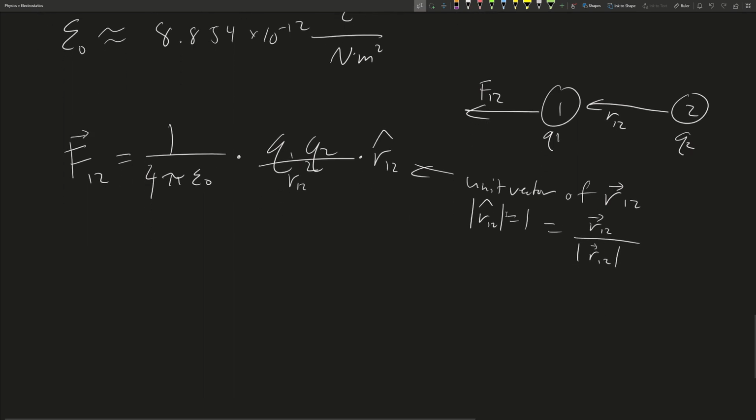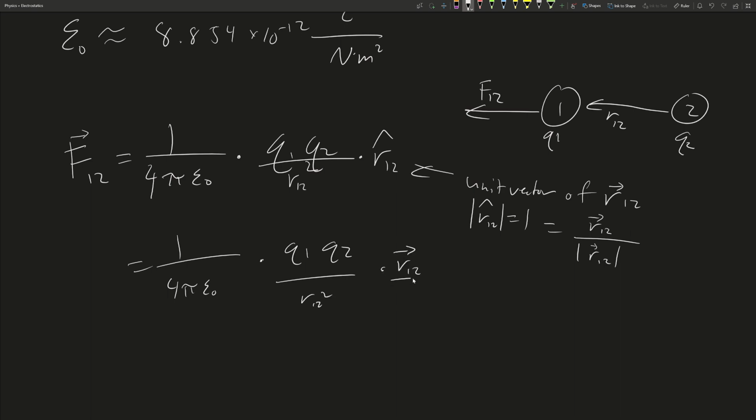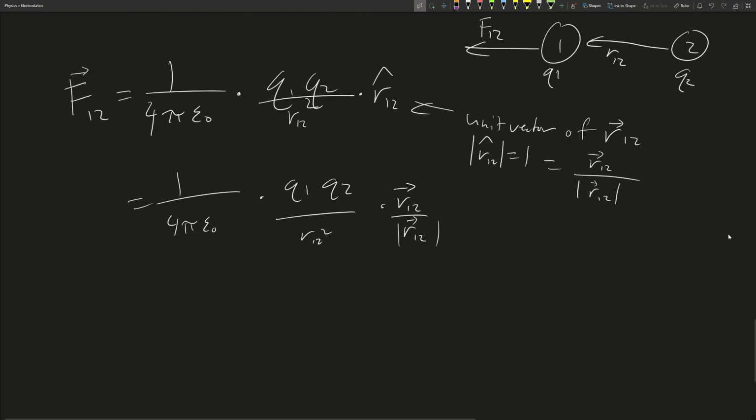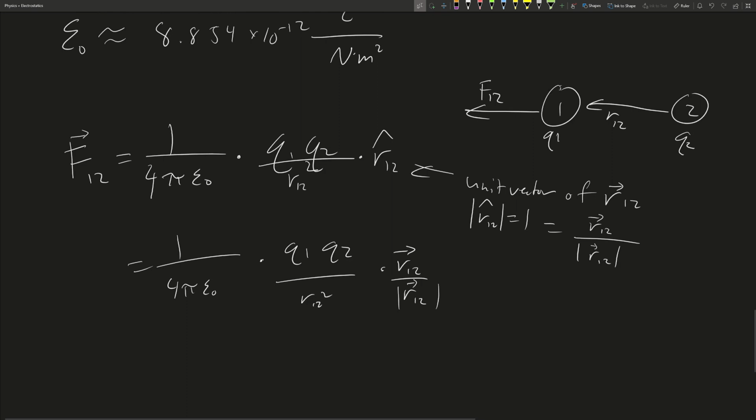So another way you could write this is 1 over 4 pi epsilon 0 times Q1 Q2 over R12 squared, times R12 vector over R12 magnitude. And this gives the direction and the magnitude of the force caused by electric charge.